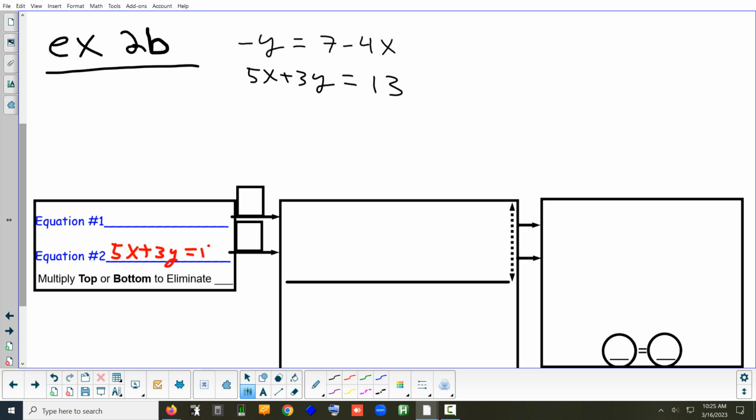But do not put anything on that equation 1 line until you fix equation 1 to be in the right pattern. So let's just bring this over here. That's equation 1. Who can tell me what I have to do to it to fix it so that it's in the right pattern?